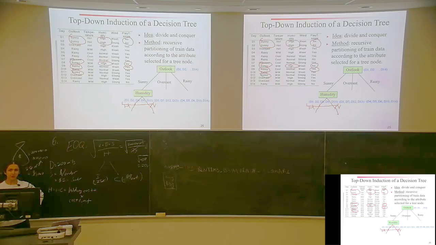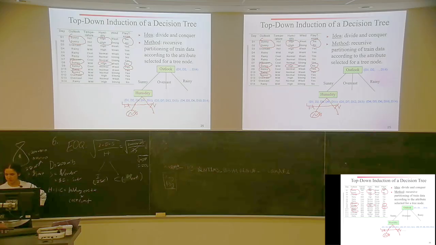Leaf, right? Because they all belong to the same class. All of the cases where outlook is sunny and humidity is high, which are day 1, day 2, and day 8, they all belong to class no. So this is no, right? And then the same thing for the other branches.